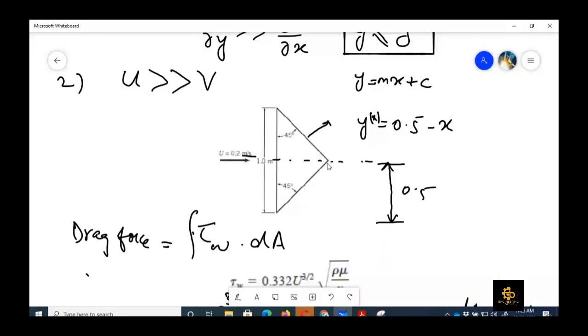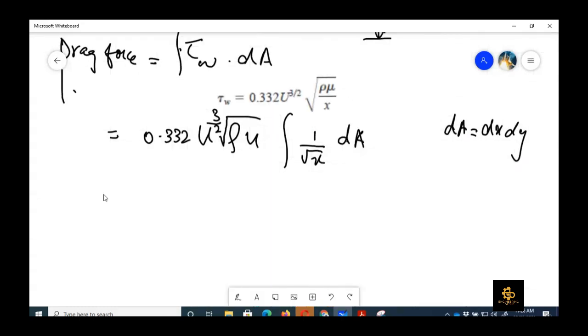So x limit is there, and y limit is from 0 to 0.5 minus x, right?